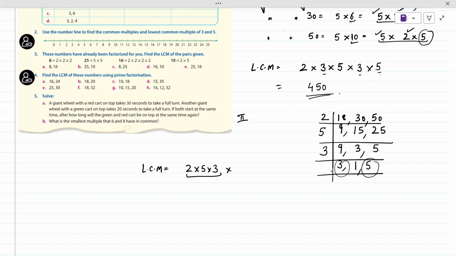There is no number which has both 3 and 5 as a factor, and also they are prime numbers. So I'm writing them as 3 into 5. Now again, if we multiply them, we will get 450. These are the same set of numbers. Okay, so this is how we have to find the LCM.